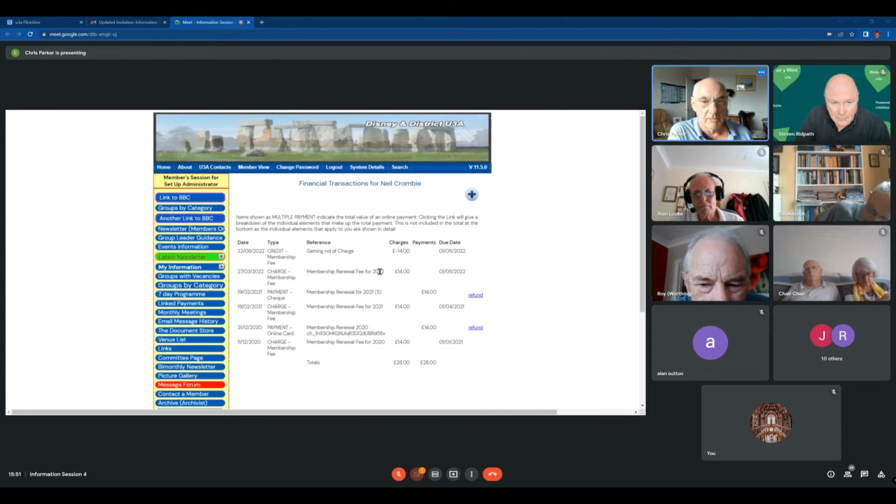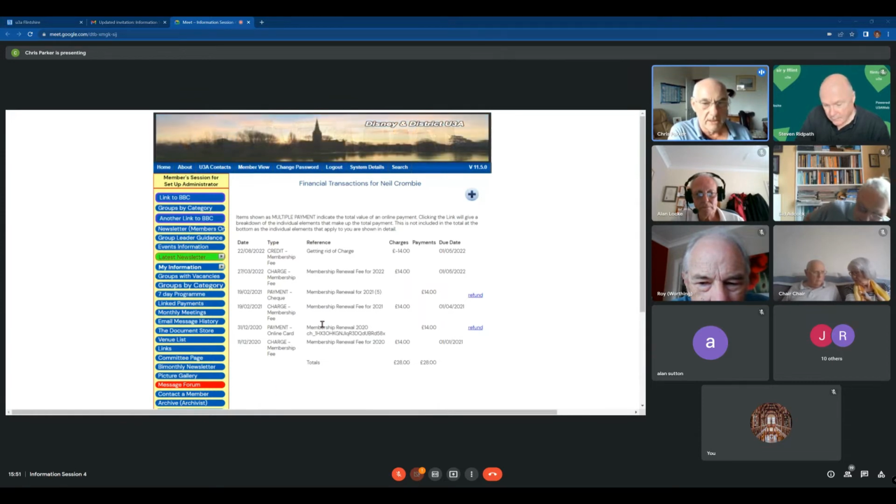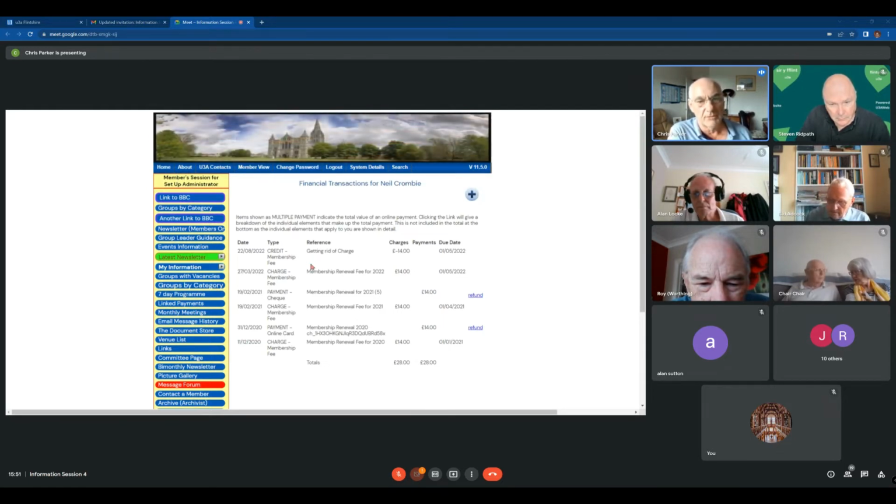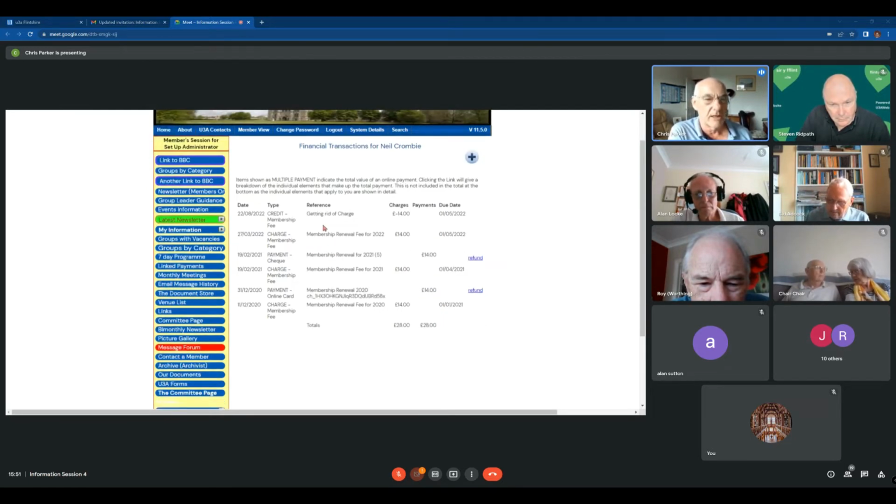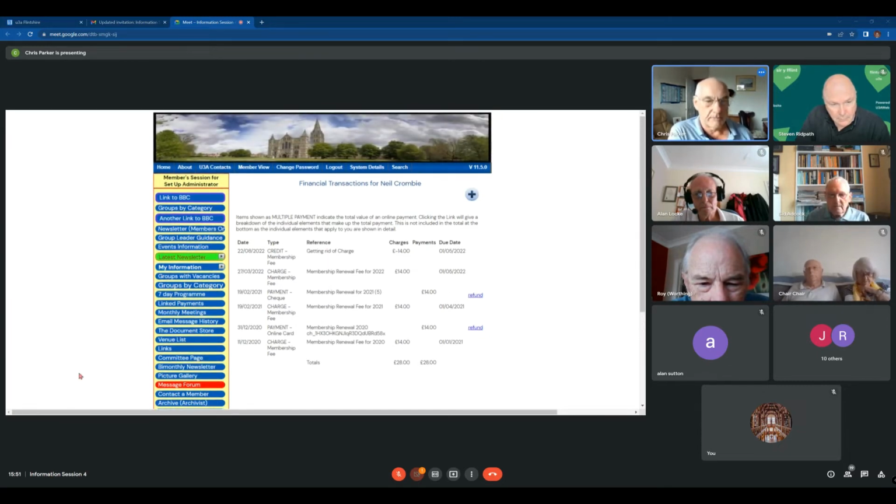Once you've raised that credit, that will disappear and there won't be anything under there at all, but they don't get the detail of it. So if you put a reference in there, it's only seen by whoever's given access to that particular entry inside the system.